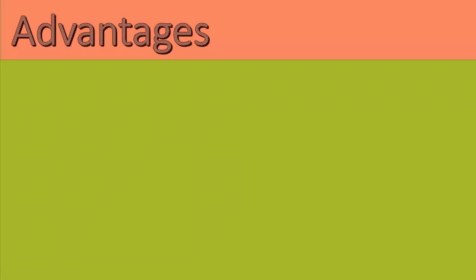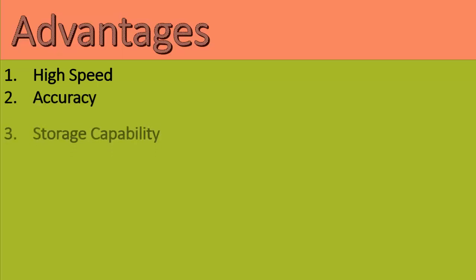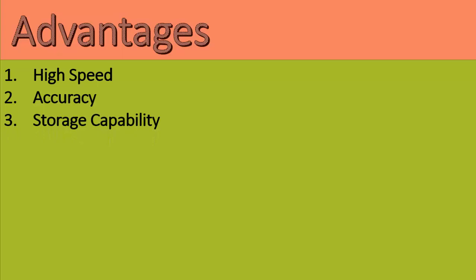Students, let's discuss the advantages of the computer. The following list demonstrates the advantages of computers in today's arena. The first advantage of the computer is high speed, and the next advantage is accuracy, and the next is storage capability, and the next is diligence, and the next is versatility.